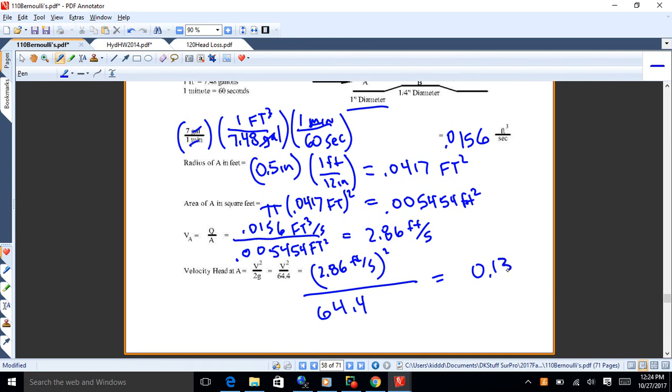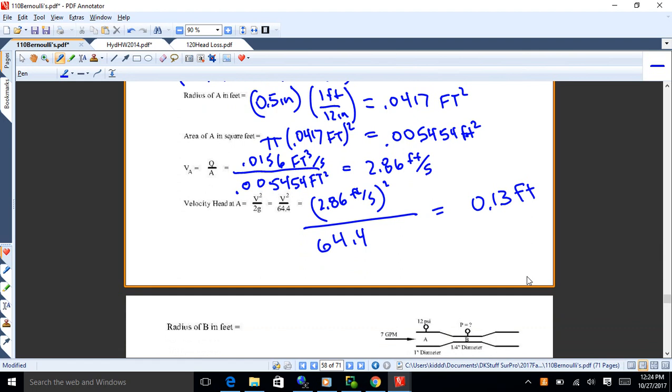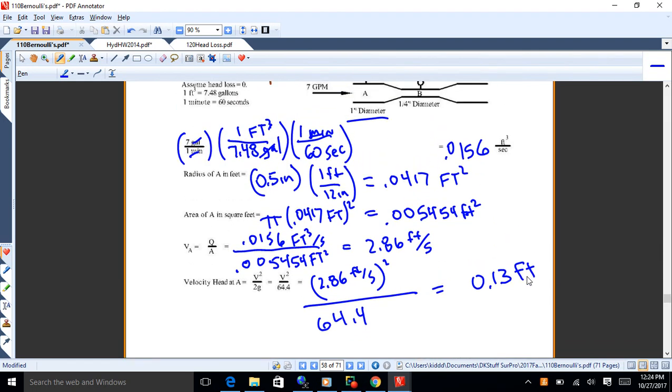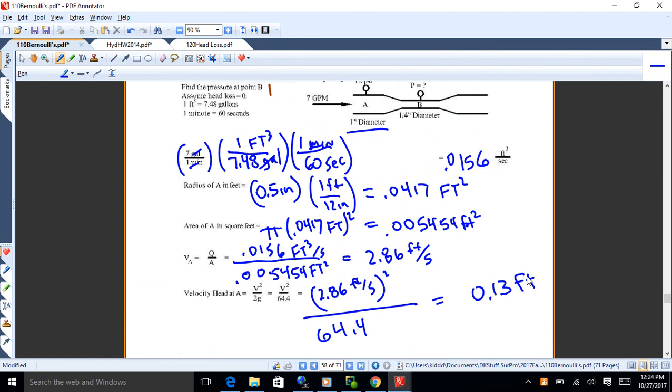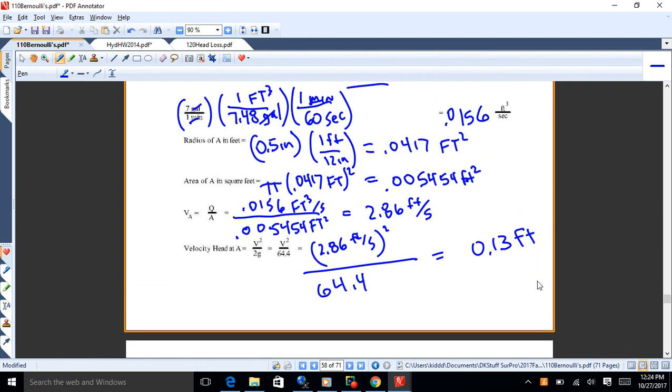And like I say, it's not very big. 0.13 feet. And you can see why people often ignore velocity head. You know, 2.86 feet per second is a pretty good flow, right? Pretty good speed, but it doesn't get you much velocity head at all. It's just 0.13. All right, so that's the deal with that at A. We good with that? 0.13? All right.